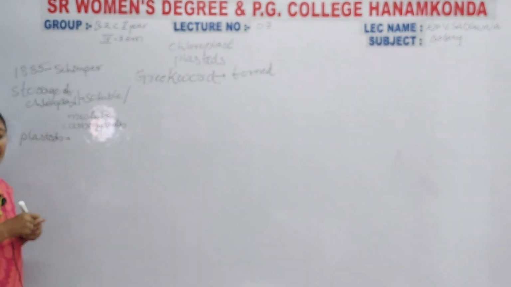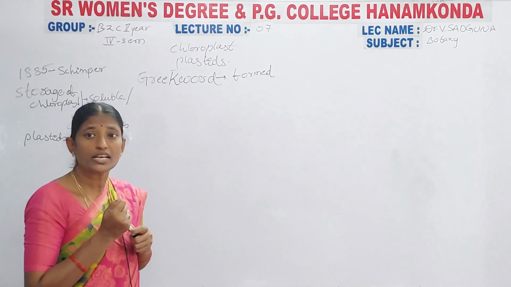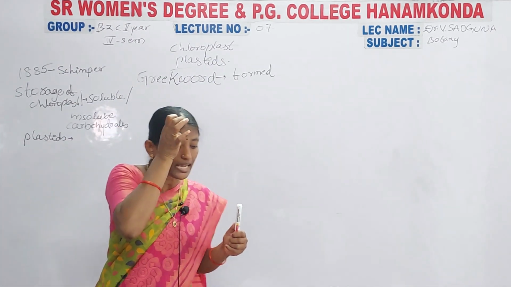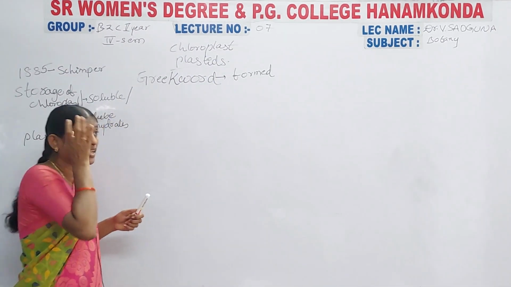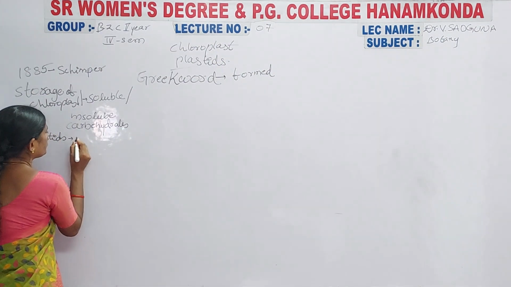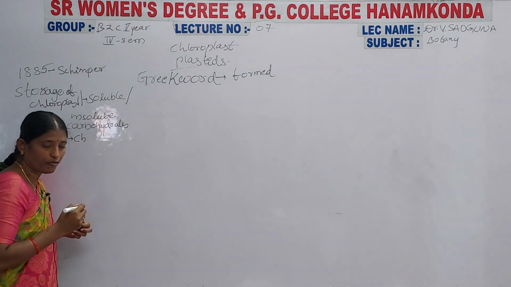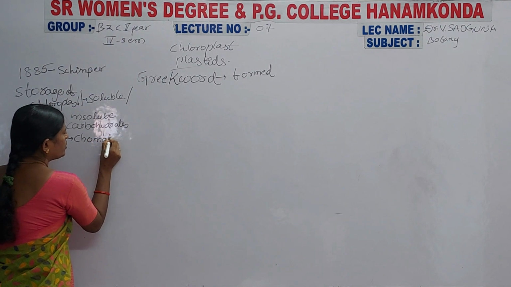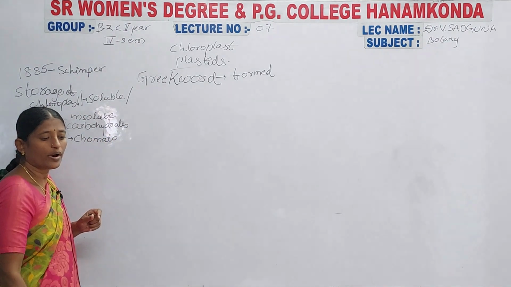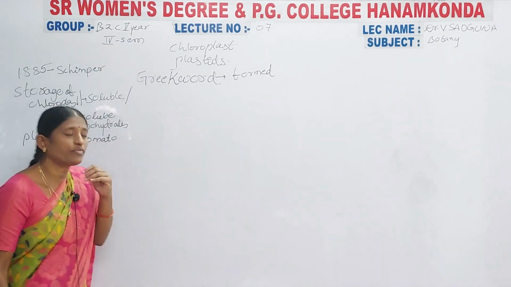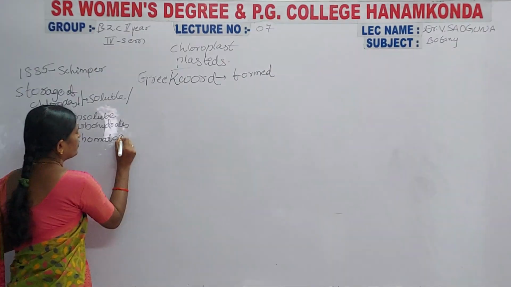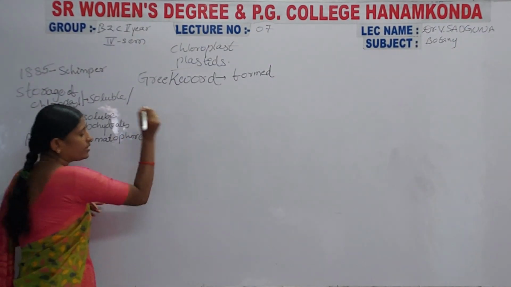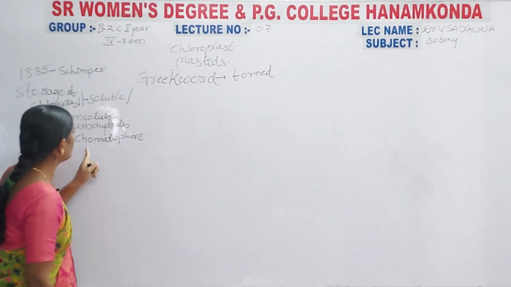That means it consists of different types of pigments, the chromatophore type of pigments. Which type of pigments? Chromatophore.